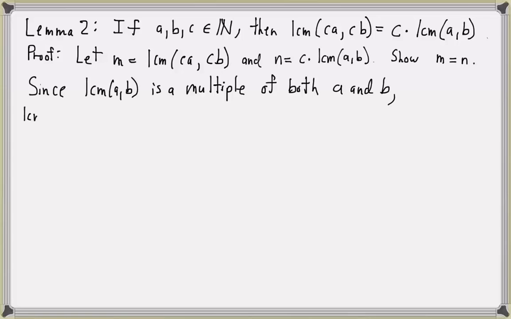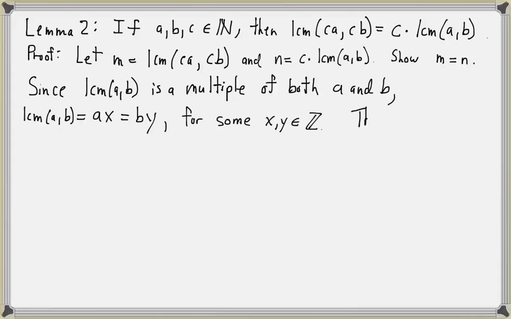So the least common multiple of A and B equals A times some integer X, but it also equals B times some integer Y. Then N, which we said equals C times the least common multiple of A and B, will also equal C times AX, and it also equals C times BY.